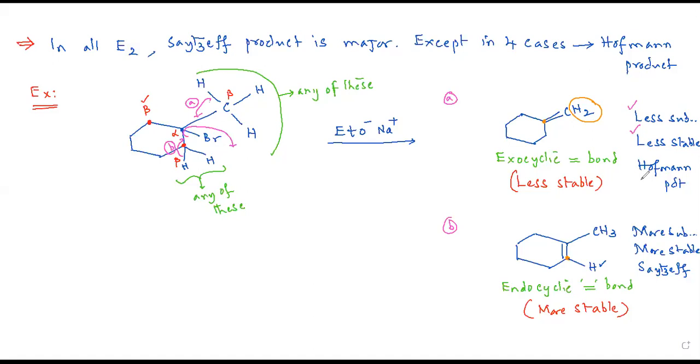Less substituted is always less stable because it will have less number of hyperconjugative structures. Okay, then more substituted is more stable. Of course, the more stable one is called Zaitsev product. It is more stable, it is more substituted. More stable because of more number of hyperconjugative structures. Okay.